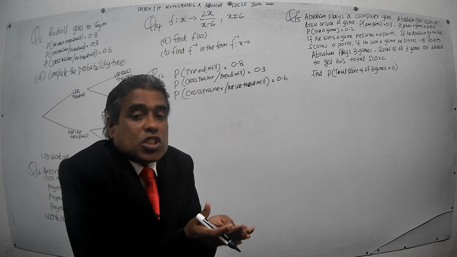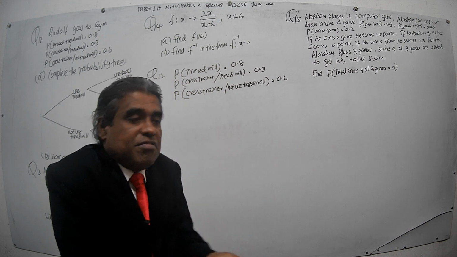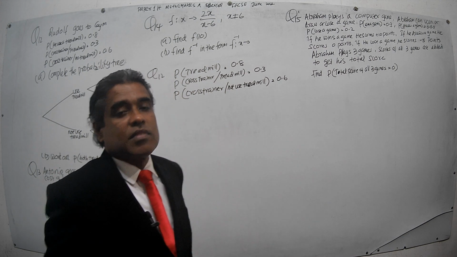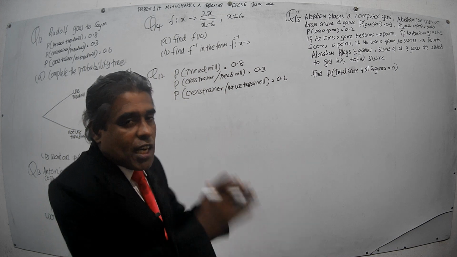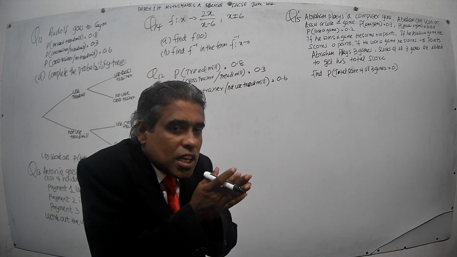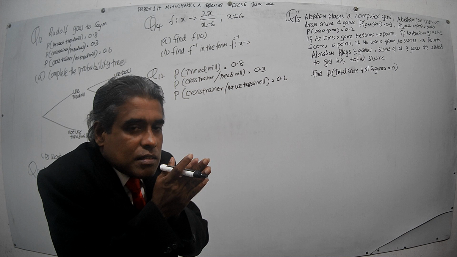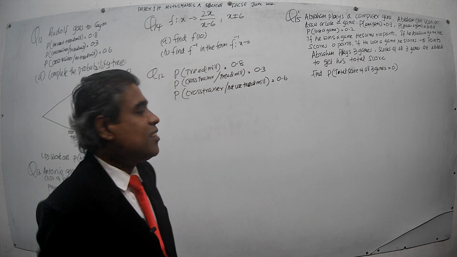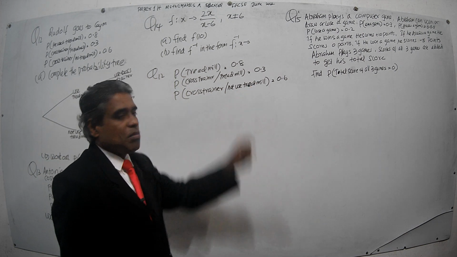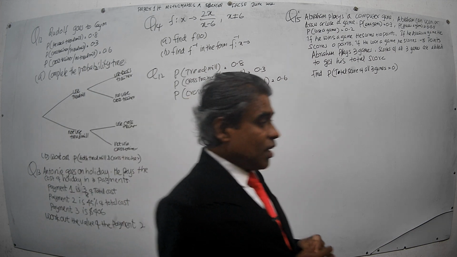He does not use the treadmill. On condition that he does not use the treadmill, the probability that he uses the cross trainer is 0.6. Okay. Right.